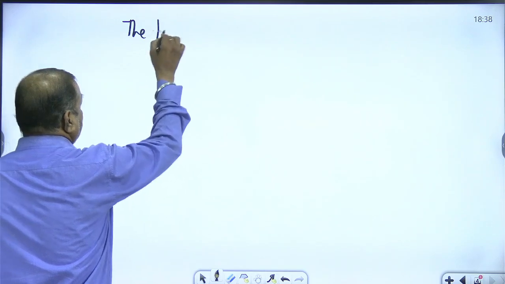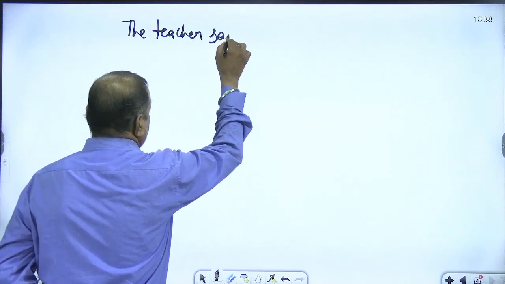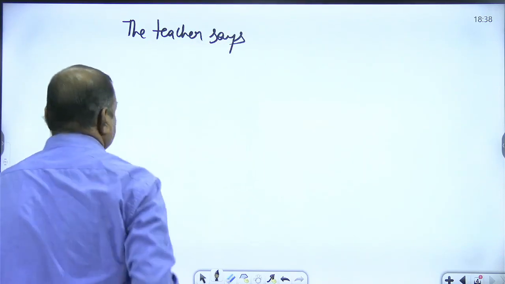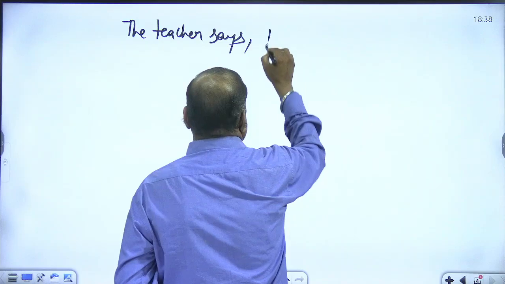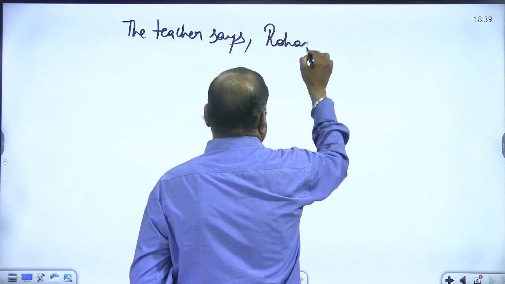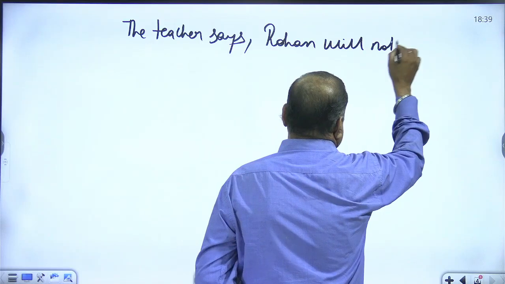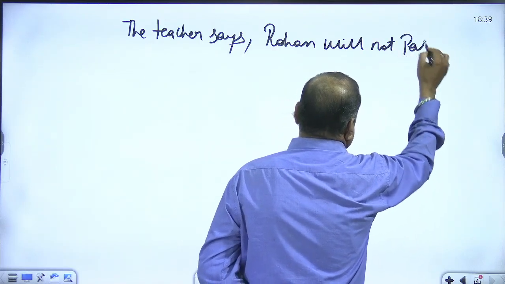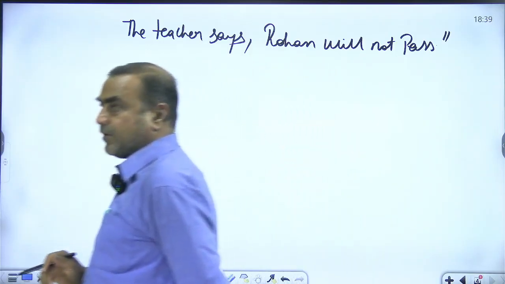The teacher says, Rohan will not pass. Why? Rohan is a weak boy. And the teacher said that Rohan will not pass.